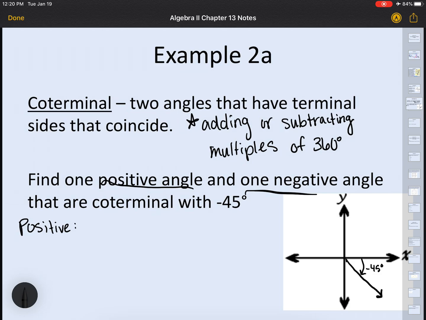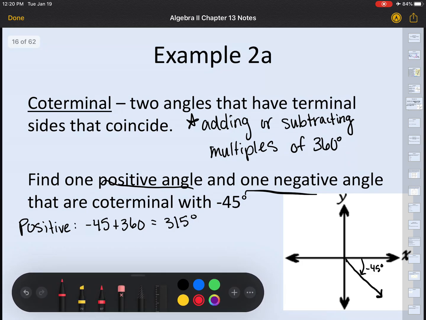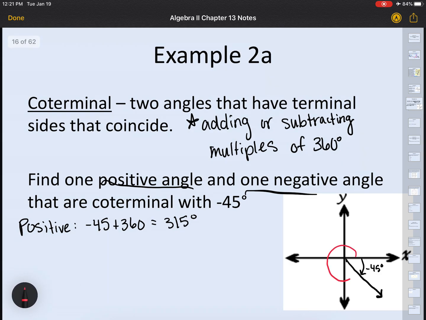Well, we're just going to add 360 degrees to that, so negative 45 plus 360, well, that's just 315, so we can graph that one. So 315, which of course will make us go here.